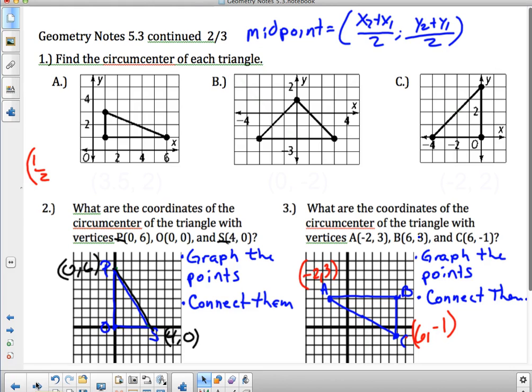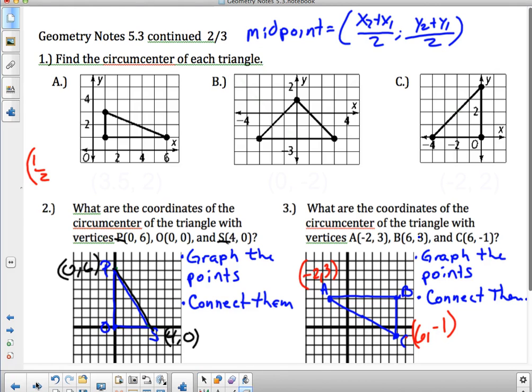Now, keep in mind, all 5 of these questions are here to help us with right triangles, okay? And we just did a diagram. We found out that in a right triangle, the circumcenter is located on the midpoint of the hypotenuse, right? That's the side opposite the right angle.